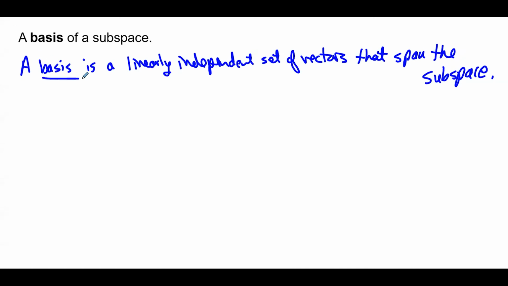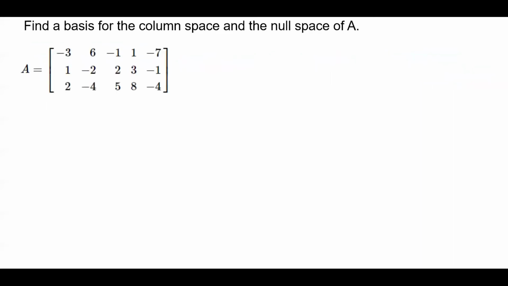So that's called a basis. It's kind of like the minimum number of vectors you need to generate a subspace. So let's find a basis for the column space and the null space. And I have this matrix.